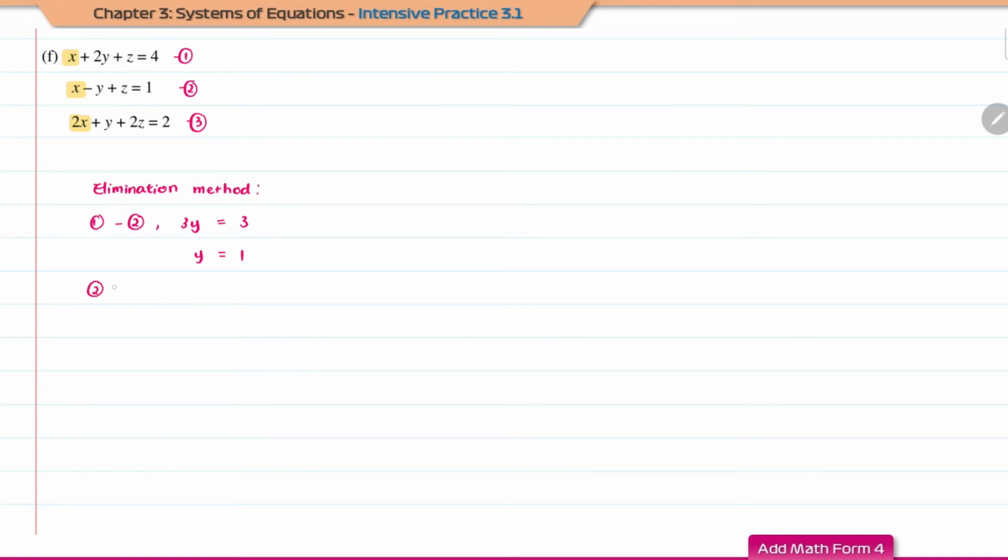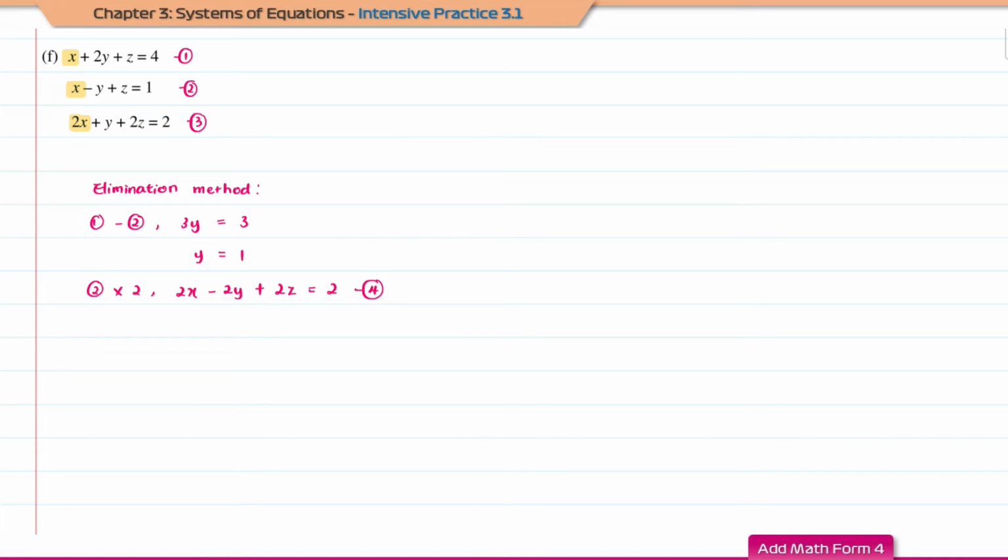Therefore, for equation number 2, I'm going to multiply it by 2 to equalize the value of x. So I'm going to have 2x minus 2y plus 2z equal to 2. This will be my equation number 4. Now let us focus on equations 3 and 4.